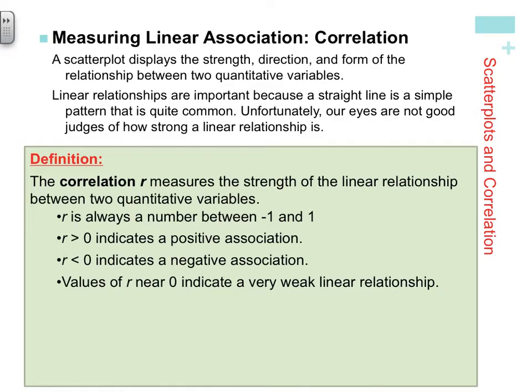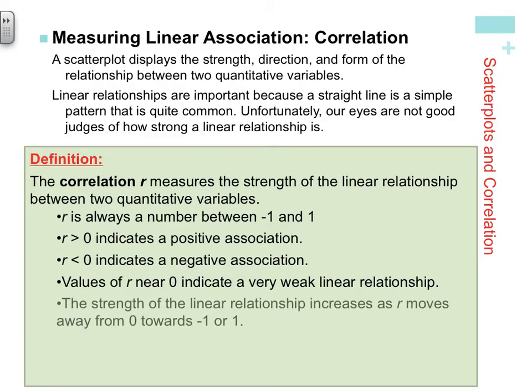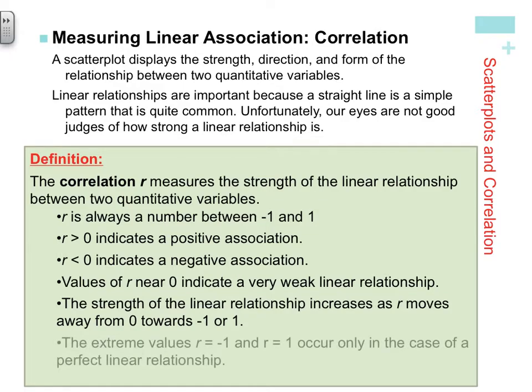Values near 0 imply a weak linear relationship. The closer to 1 or -1, the stronger the relationship. In extreme cases where R is -1 or 1, that would be a perfect linear relationship. It doesn't happen too often, but it is definitely possible.